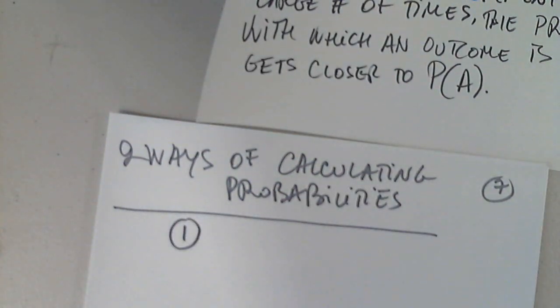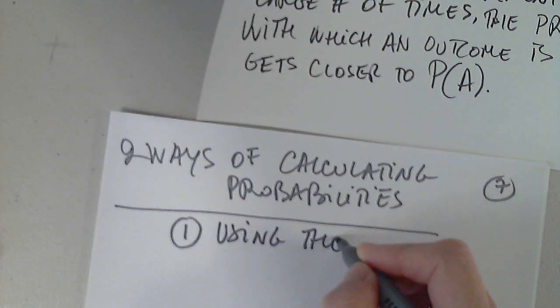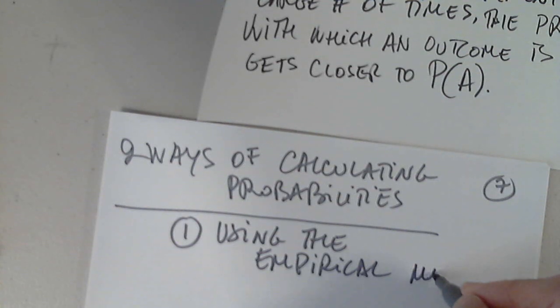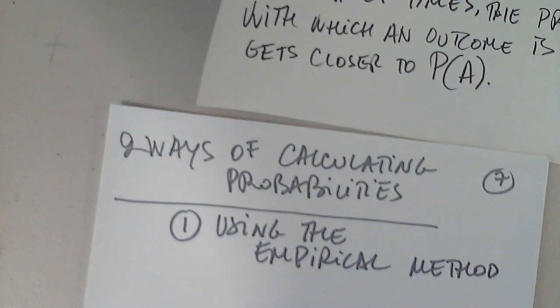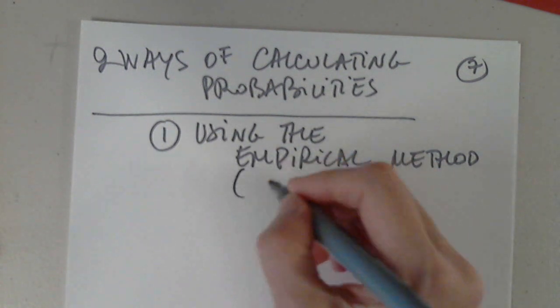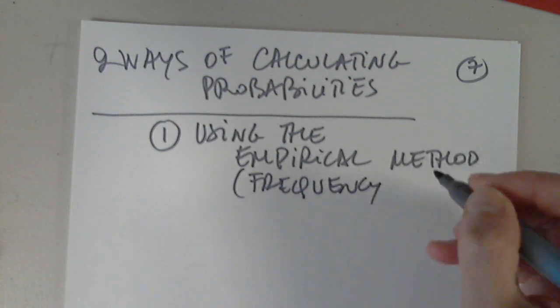Here's number 1. Using the empirical method. What I like to call this is the frequency method.